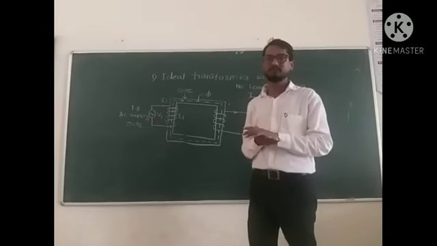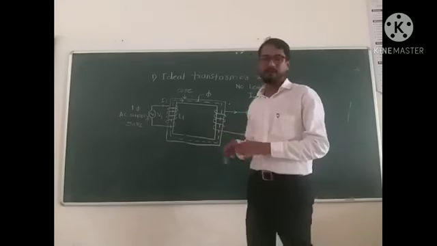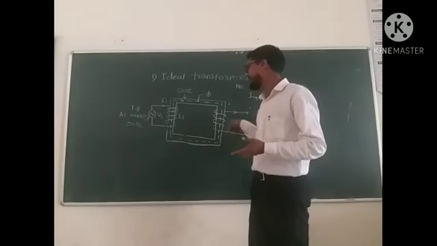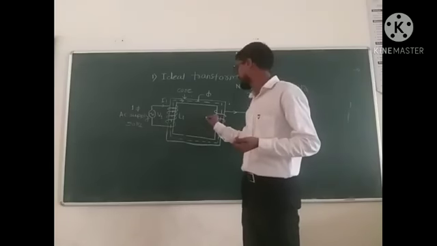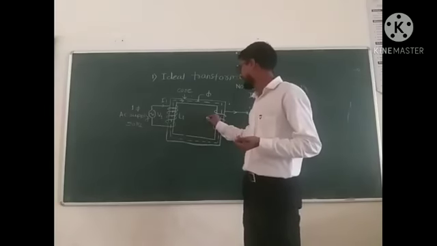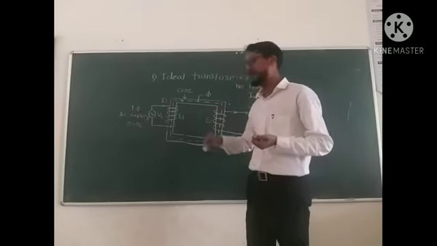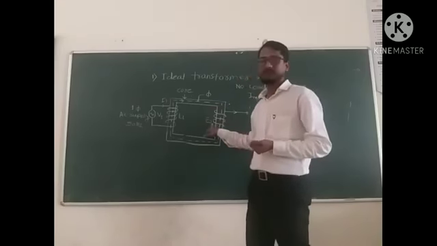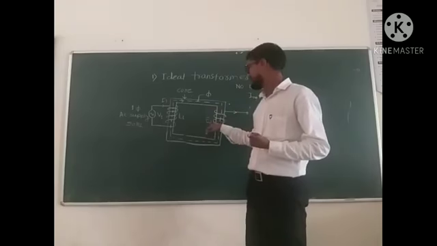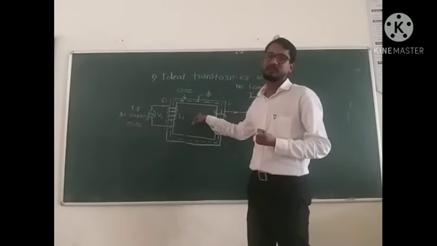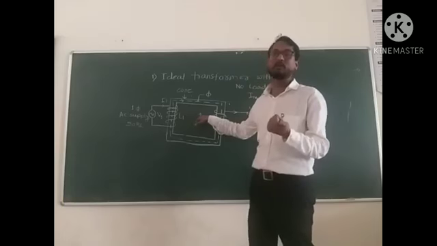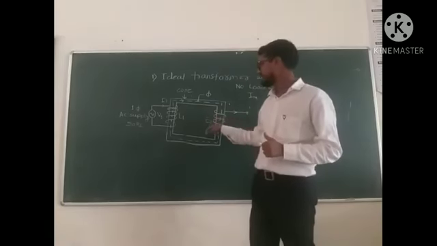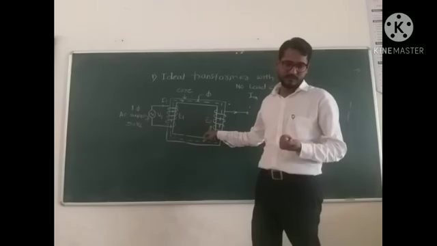By using this principle of mutual induction, an EMF is induced in the secondary winding of the transformer. The EMF of the secondary winding is named E2. This EMF is induced due to the principle of mutual induction or transforming action.